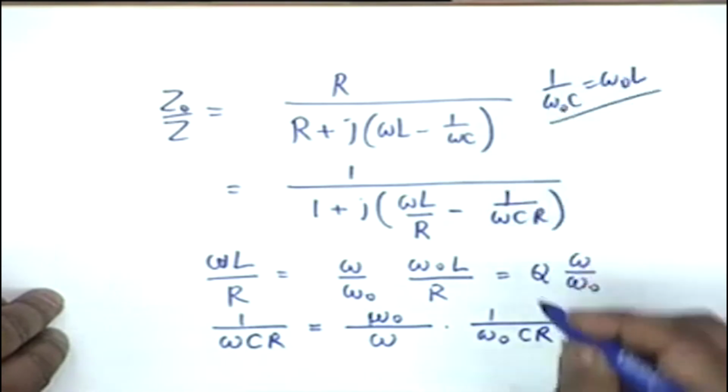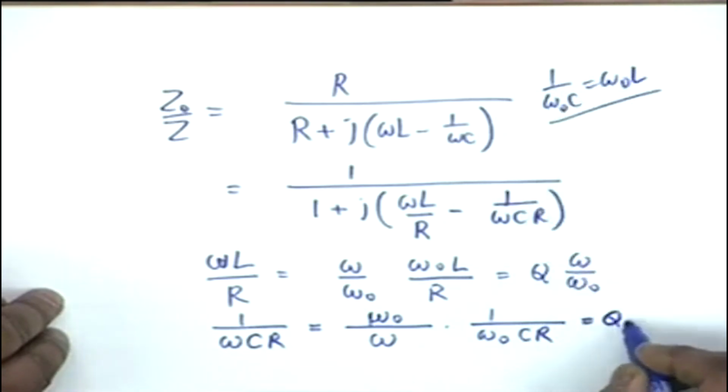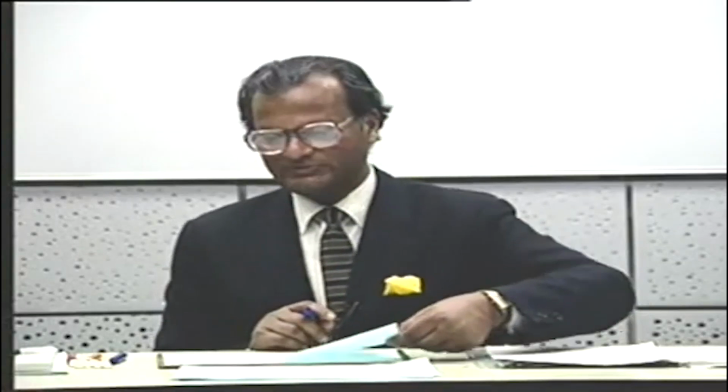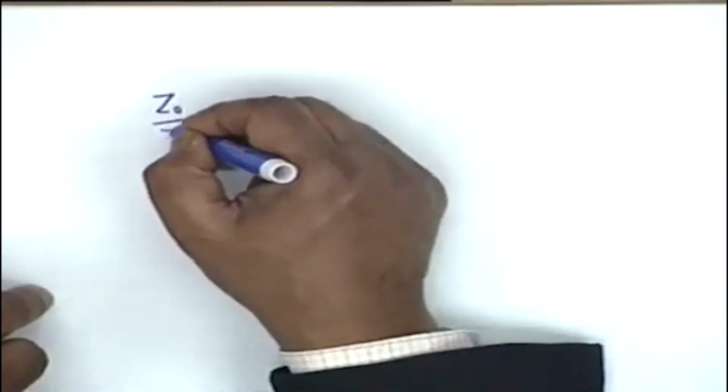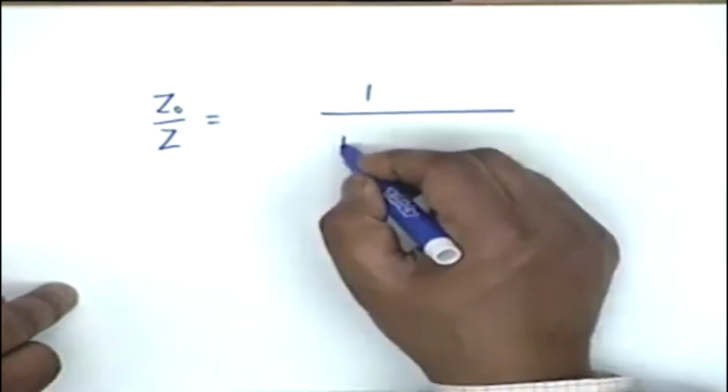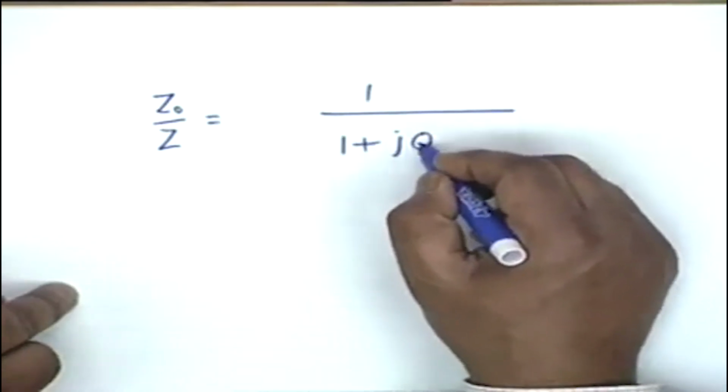This is equal to omega 0 L. So this is also Q, therefore this is Q times omega 0 by omega. And therefore we get a universal form of expression for the dimensionless ratio of impedances. This is 1 by 1 plus JQ.